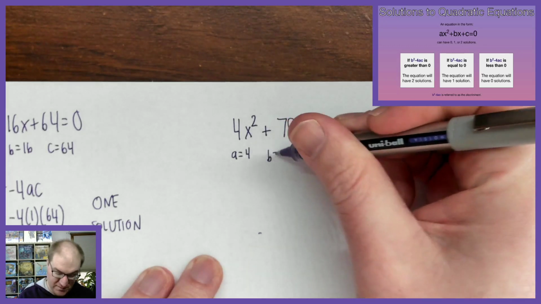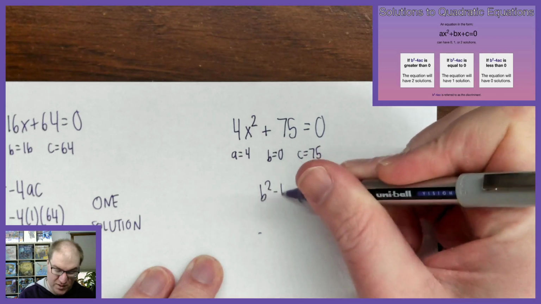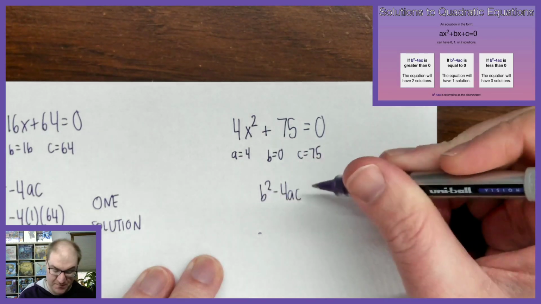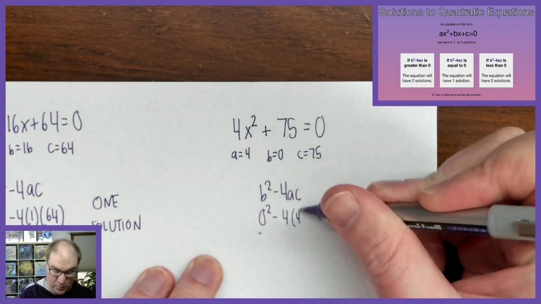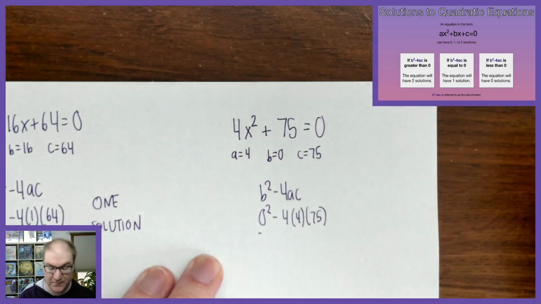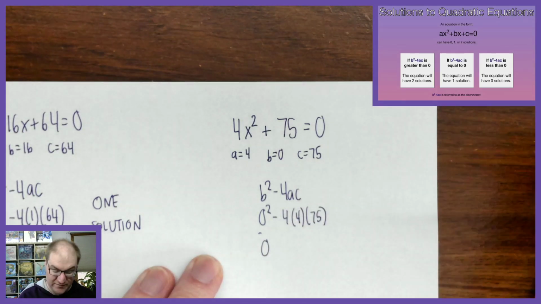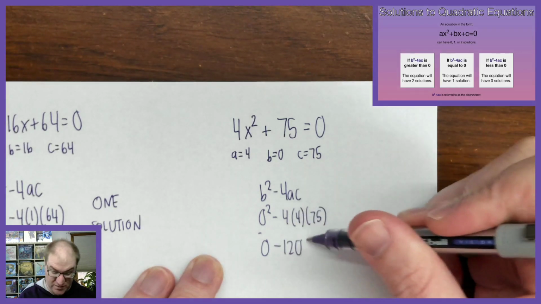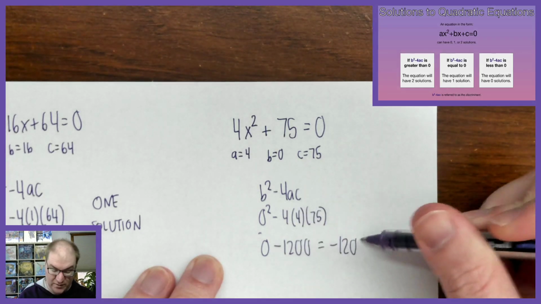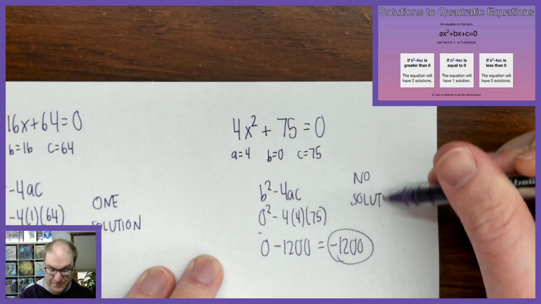So b is 0 and c is 75. When I do b squared minus 4ac, we're going to get 0 squared minus 4 times 4 times 75. 0 squared is 0. 75 times 4 is 300, and 300 times 4 is 1200. So this is going to be negative 1200. This obviously has no solutions, right?